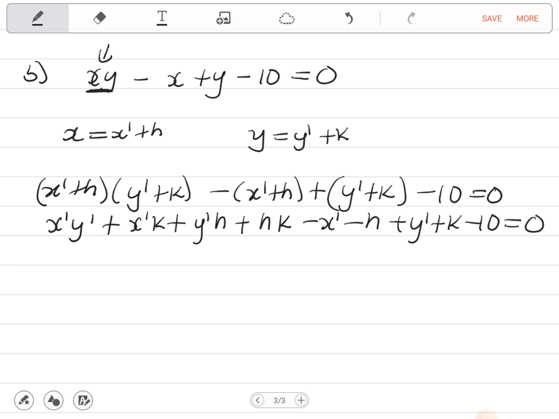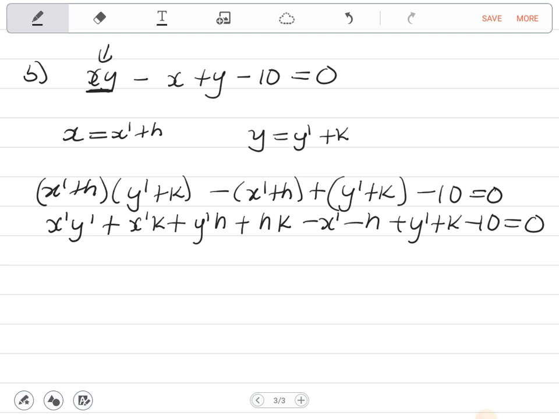There's nothing complicated here. Why am I substituting this? We can't have a center because there's an xy term. Remember that when you look at rotation, your aim is to eliminate the xy term.